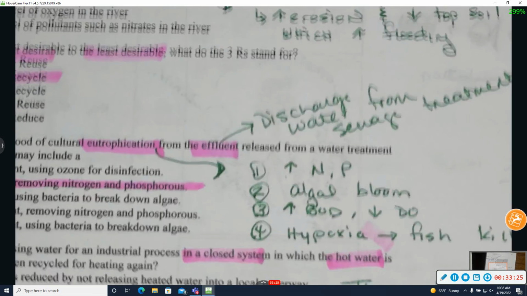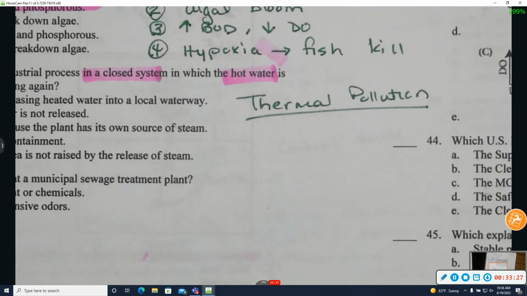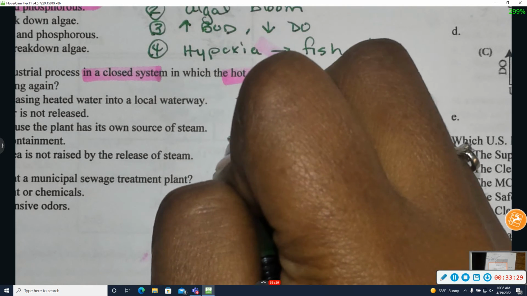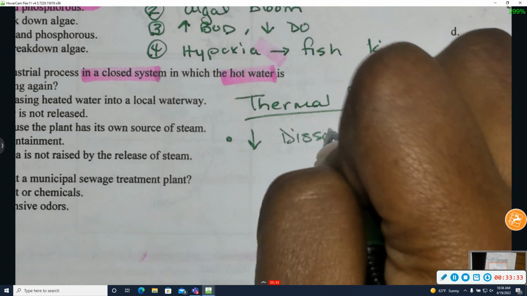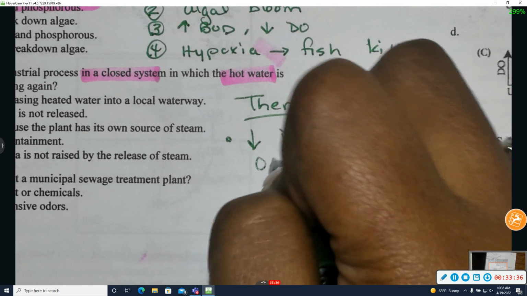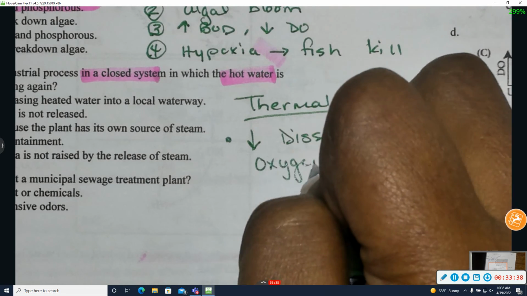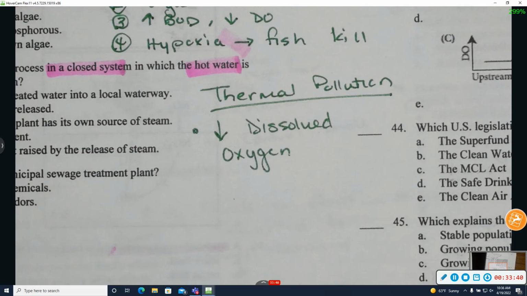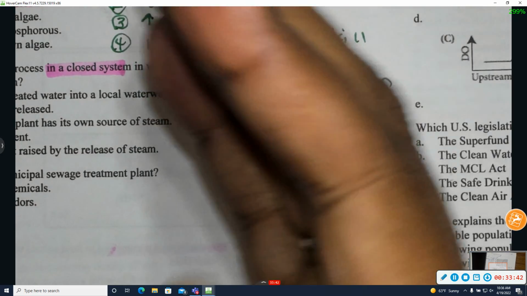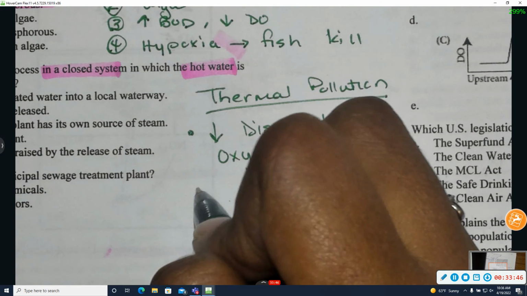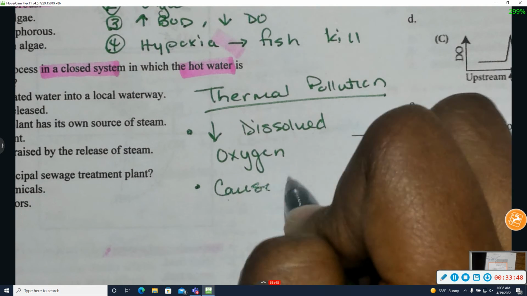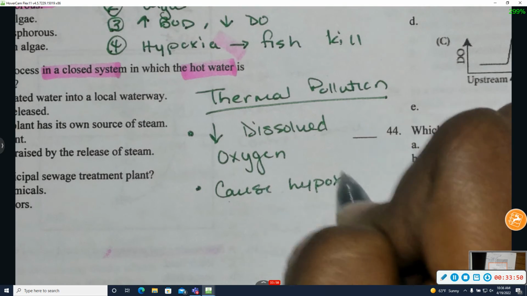Because thermal pollution, or the increase of warm water in an ecosystem, is going to decrease the amount of dissolved oxygen in that aquatic system. Whenever you add warm water to something, you cause the gases to come out of that liquid. This will eventually cause hypoxia, which is the lack of oxygen.